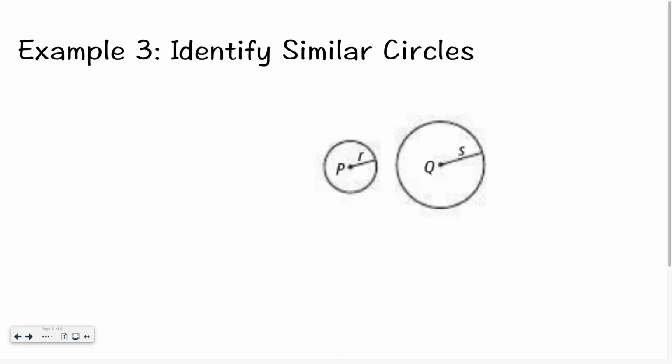And then let's talk about when you have circles. So circles are kind of unique in a lot of ways, but this is one of the ways that circles are unique. If you think about it, all circles, no matter the size, have 360 degrees in them, right? So you can't change the look of a circle because there's only one way to really draw a circle.